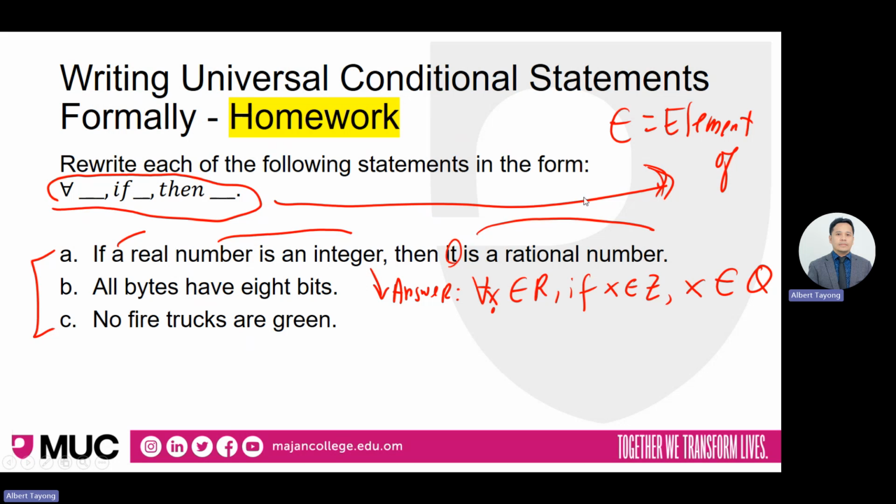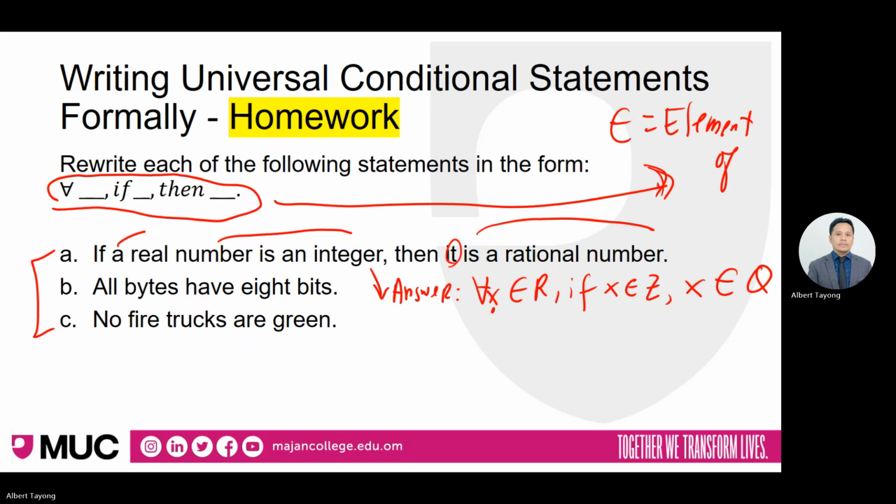It means that this x here is any value of a real number, x here is any integer, x here is any rational number. So if a real number, we start from here, go to the left. If a real number is an integer, then it is also a rational number.